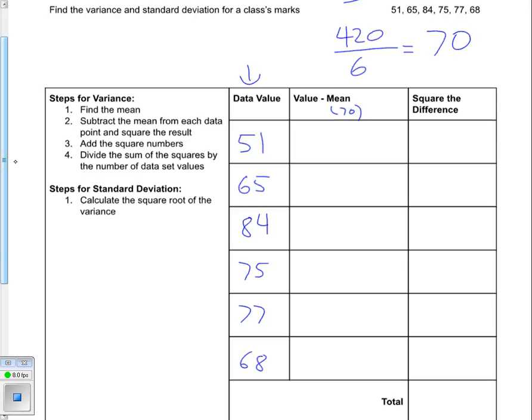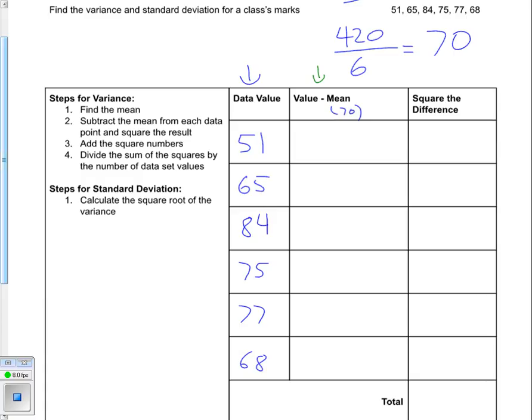The next piece, in this middle column, the green here, is that I'm going to take the data value and subtract the mean from it. That means I'm going to subtract 70 from every one of the data value numbers in the left-hand column.